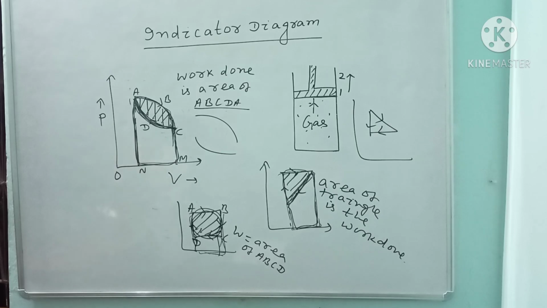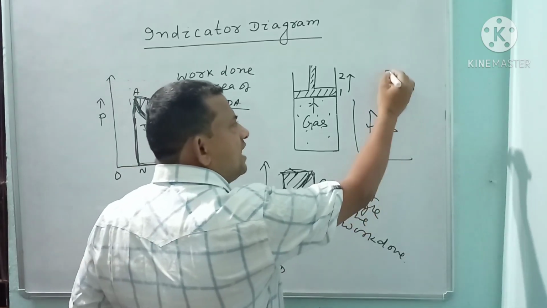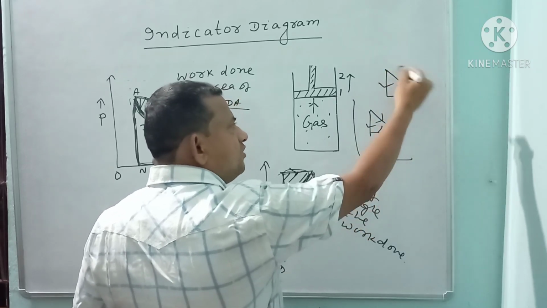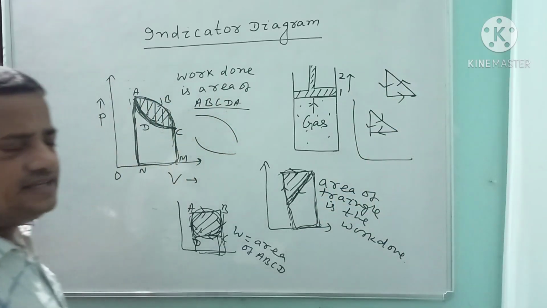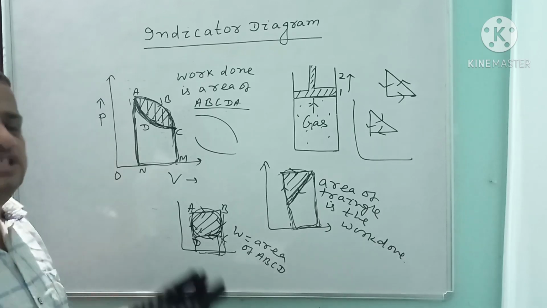If a cycle is like that, in the clockwise direction, then your work is positive, meaning work is done by the system. But if it is anti-clockwise, suppose in this case the graph is like that, anti-clockwise, in this case work done is negative. It means work is done on the system.